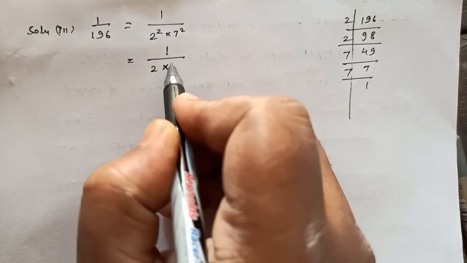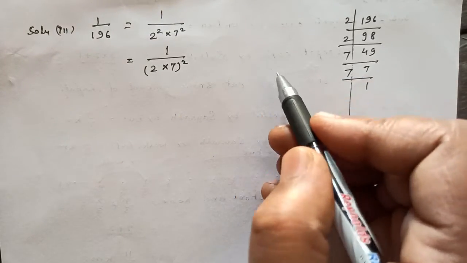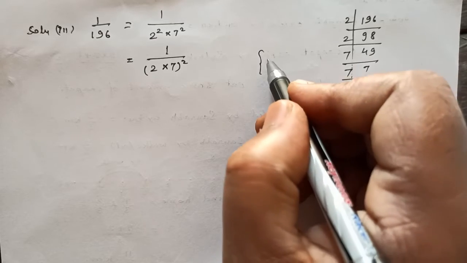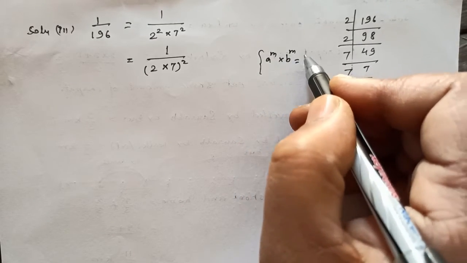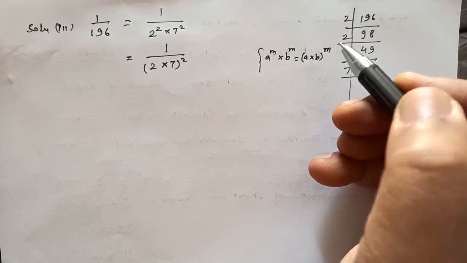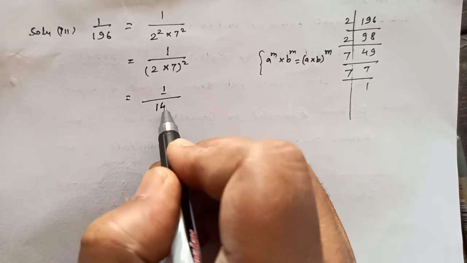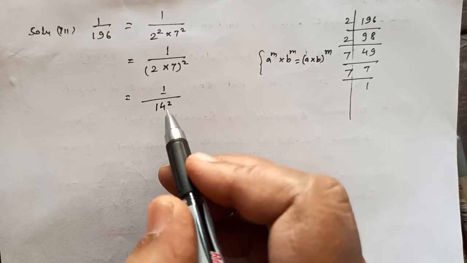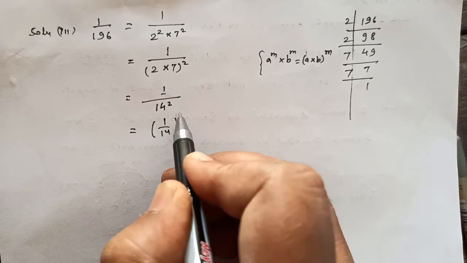So 1 upon 2 multiplied by 7 whole to the power 2. Using a to the power m multiplied by b to the power m is equal to a multiplied by b whole to the power m. 1/14 power 2, or we can write as 1/14 whole to the power 2.